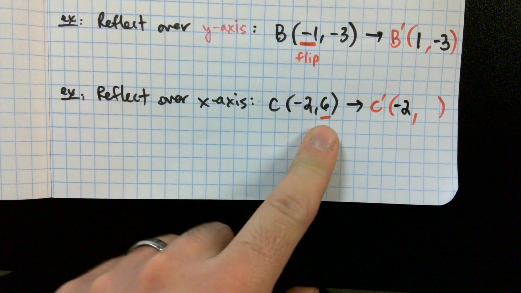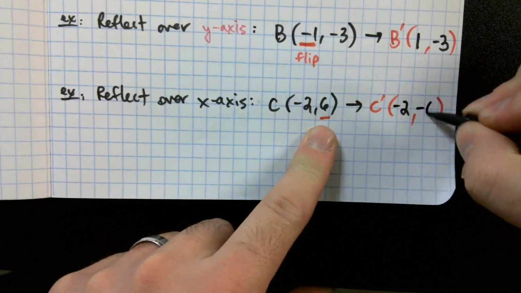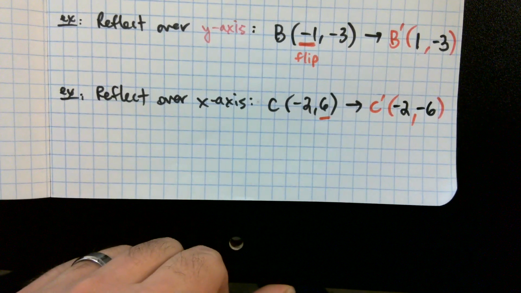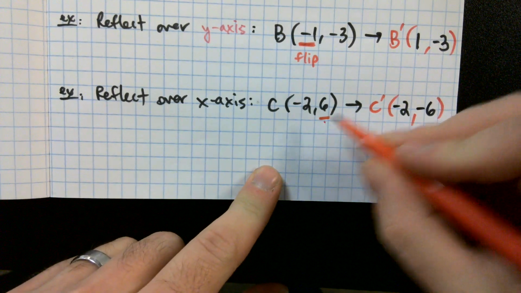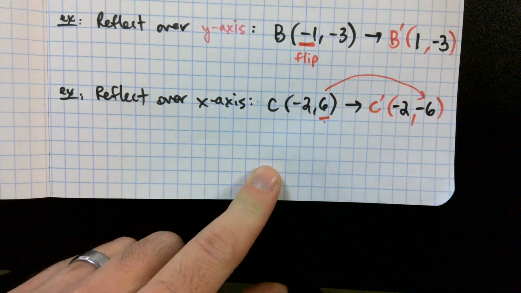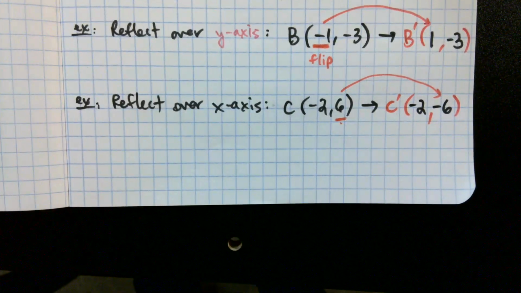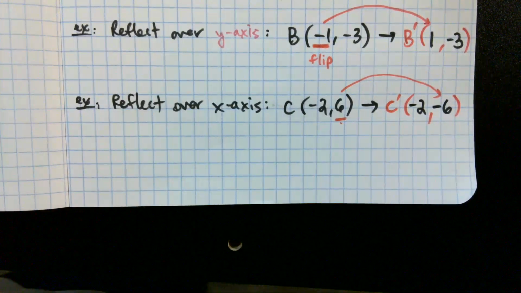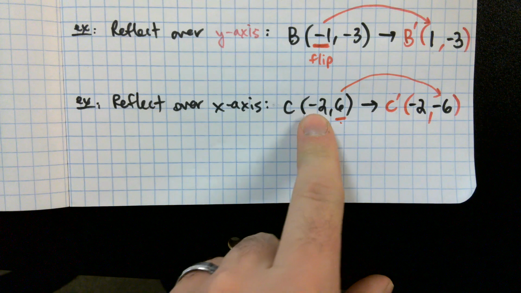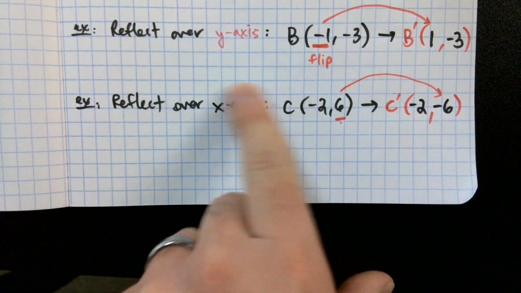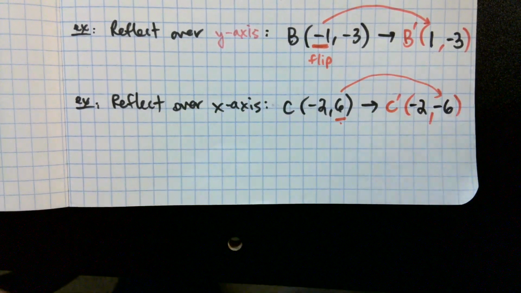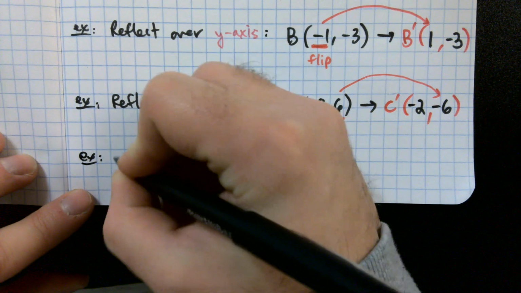Right? What does 6 turn into though? -6. Right? We don't want to flip both of them. We just want to flip the opposite coordinate for whatever axis we're reflecting on. Give this one a try.